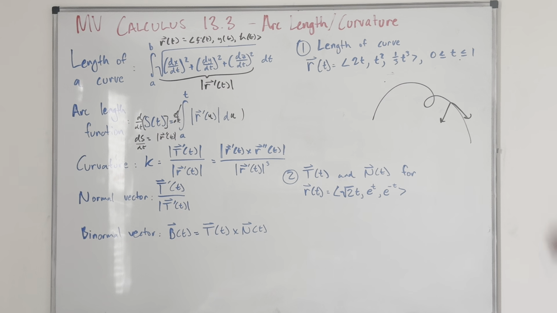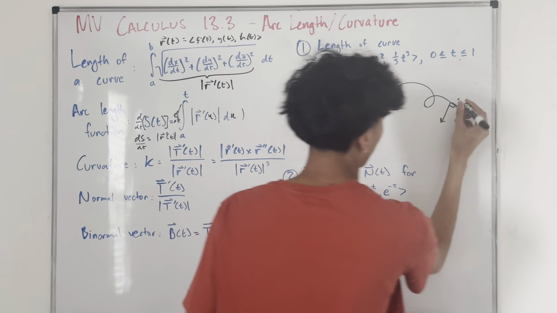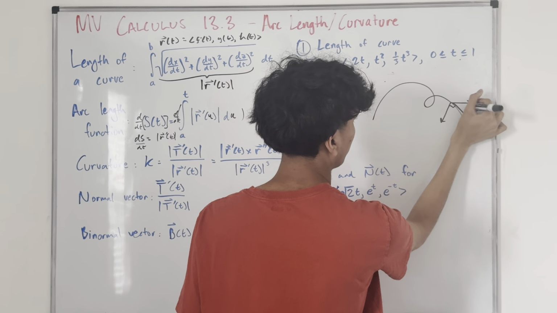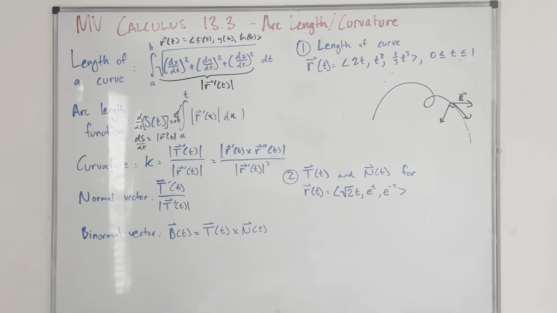If these are making a right angle, T cross N, my binormal vector, would point perpendicular to both this way. So that's just another helpful definition to know.